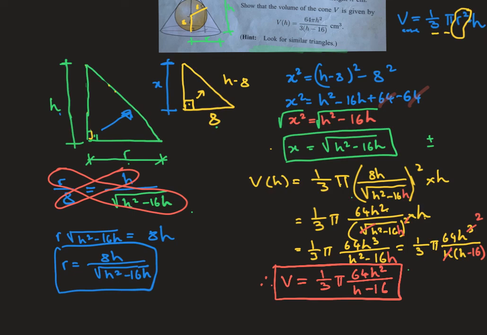In case you're wondering, it has been written differently: pi in the numerator, 64, h to the power of 2, 3 times h take away 16. So it's the same thing. I still have pi in the first spot instead of second according to what is requested. So when you have to show something in a question, please make sure it is written the same way as asked.